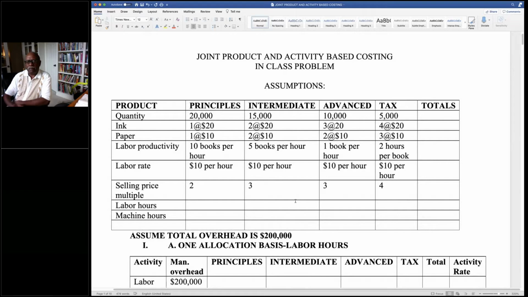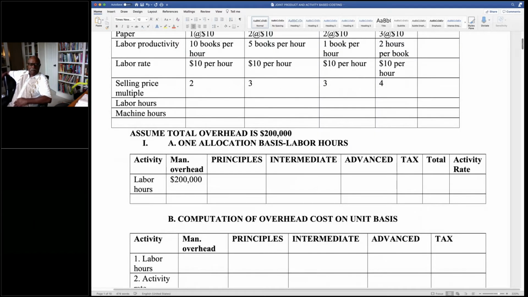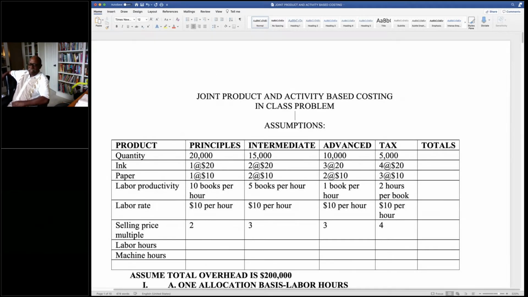So are we ready? Yep. Okay, so to calculate labor hours... Professor, I don't know how to do that part. Well, somebody else better be able to do it, because I'm not doing anything today. Just complete the writing.